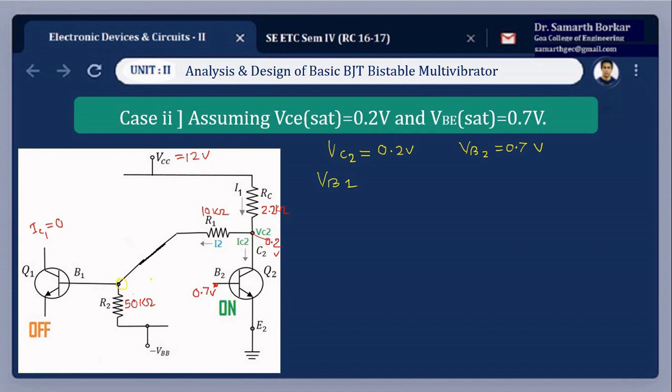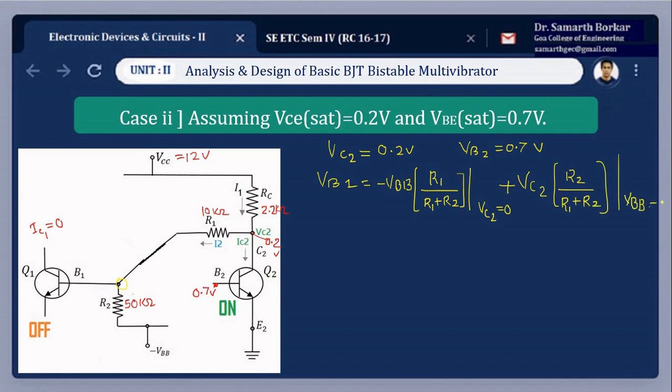So we have to make use of the superposition principle. It's about considering the effect of each voltage source independently. So VB1 will be equal to minus of VBB into R1 divided by R1 plus R2 when VC2 is considered to be 0, plus VC2 into R2 upon R1 plus R2 when VBB is considered to be 0.